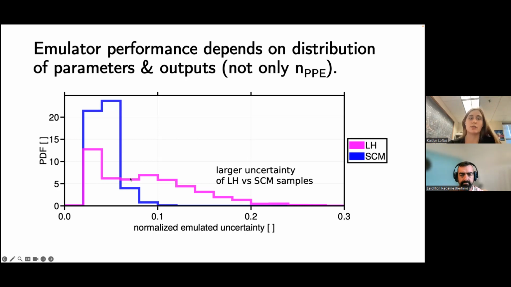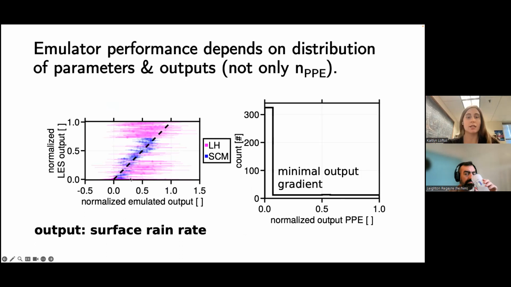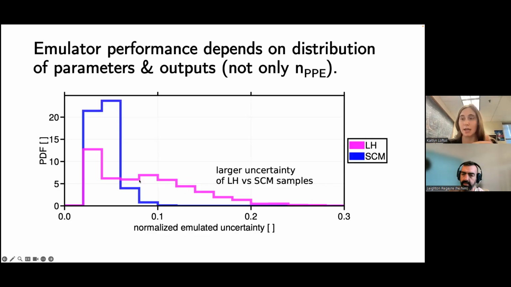And this is demonstrating that our emulator performance depends on the distribution of parameters and the distribution of outputs we're trying to emulate, not just on the number of samples that we're taking.